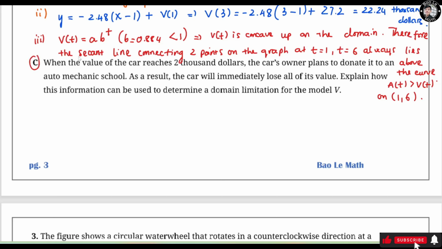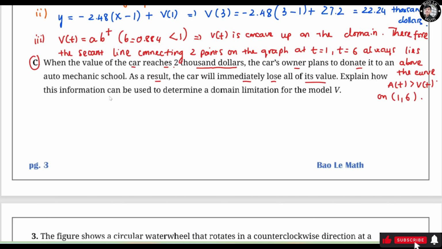Now question C. When the value of the car reaches $2,000, the car's owner plans to donate it to an auto mechanic school. As a result, the car will immediately lose all of its value.